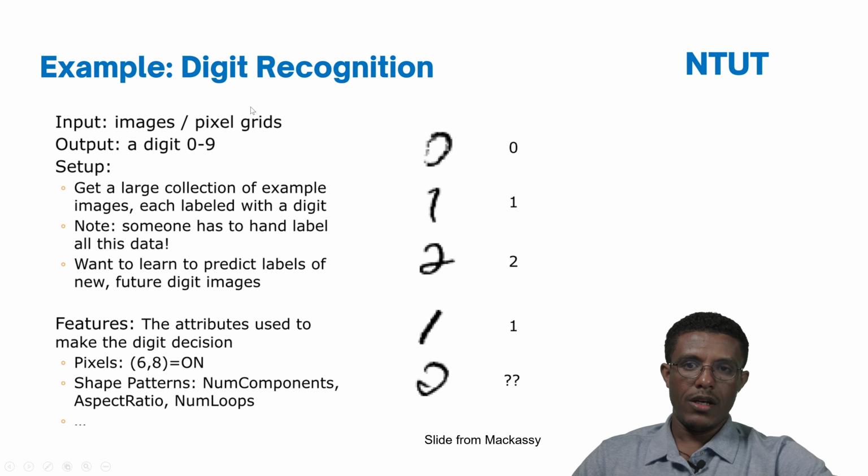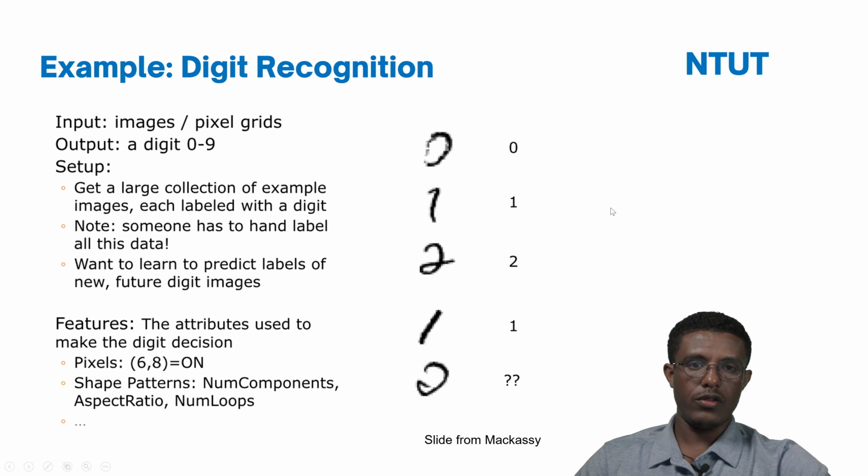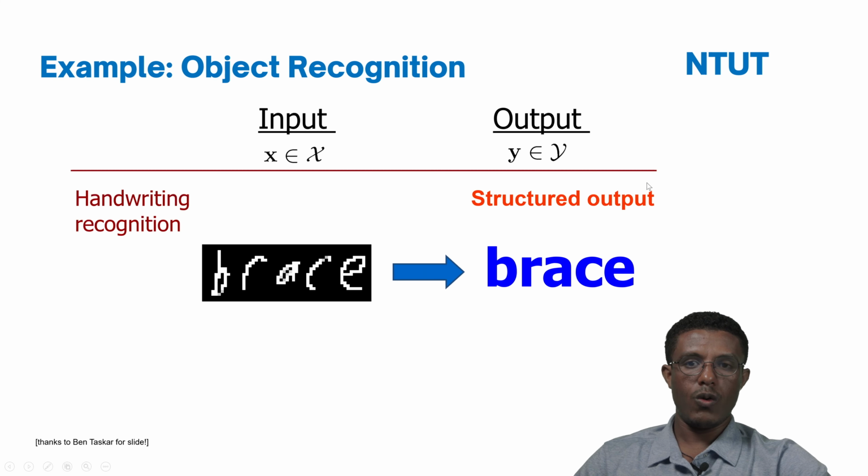In digit recognition also, the input is images of digits, as pixels, and the output is like 0, 1, 2, 3. If we need to determine that, we can use classification. We give this as input or training data, and this as output data. This is digit recognition, one example.